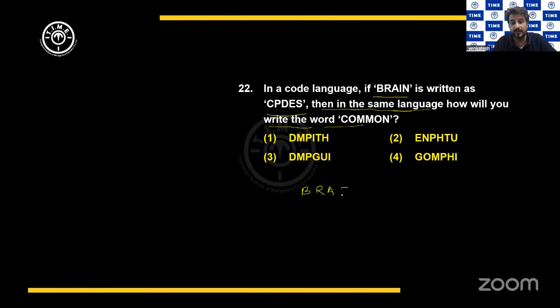We have been given brain, which is coded as CPDES. Now, how will you write the word common in that language? We have to find out the code. How is it possible? Just give it a try. If anyone knows the answer, please type your answer.